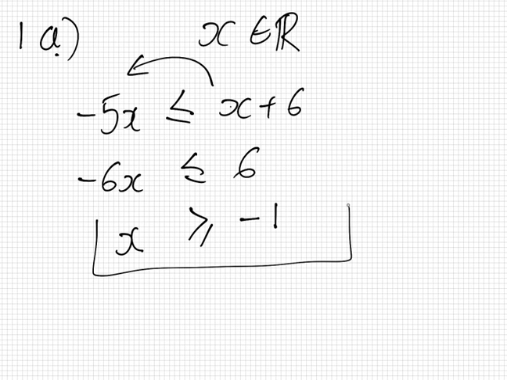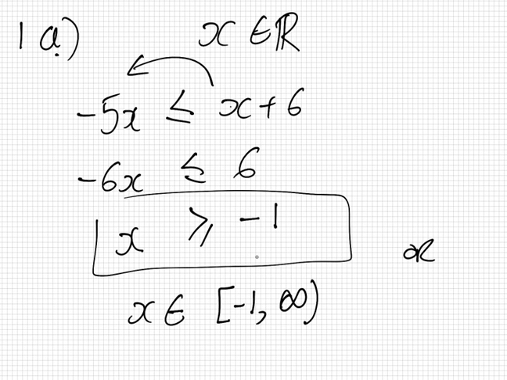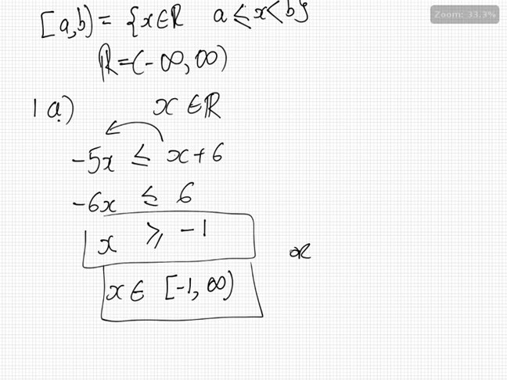Now, you can leave your answer like this, but there are other ways to present your answer which they might want in the exam. So we could say this is our answer, or we could say x is from minus 1 to infinity. x is bigger than minus 1, right? That's the same as this. If you look at the number line, there's 0, there's minus 1, there's 1.